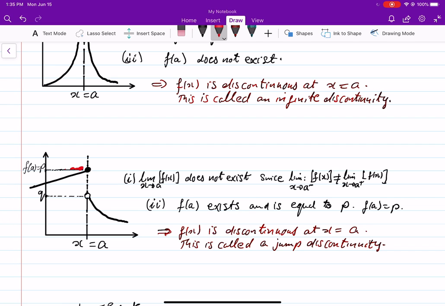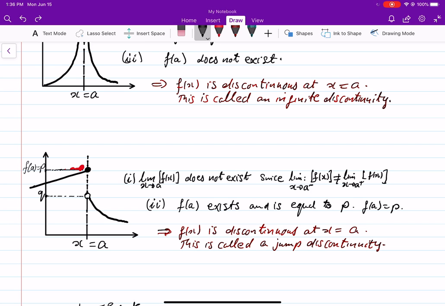I couldn't have a solid dot here as well. If I'd put a solid dot there, that would be a contradiction, because the function wouldn't know which value to take on when x gets to a. So that's why one of them had to be an open circle.